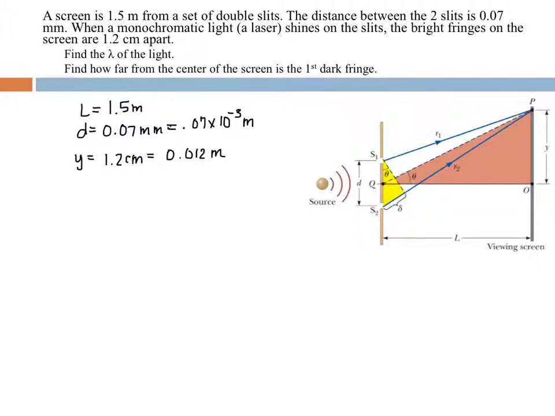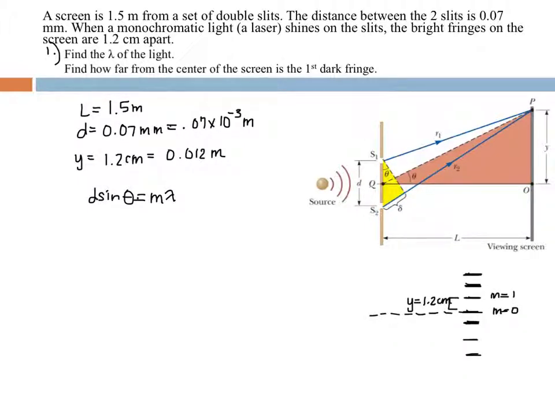And we're first asked to solve for the wavelength. So we can use our first equation that said d sine theta is equal to m lambda. So this picture I drew down here is the situation that we're looking at. So I want to solve for lambda. That means d sine theta over m is equal to lambda.